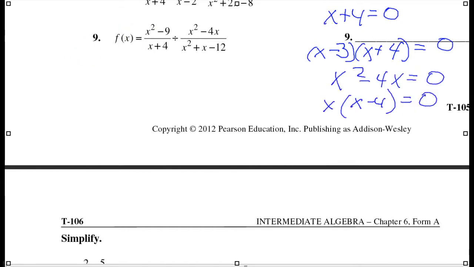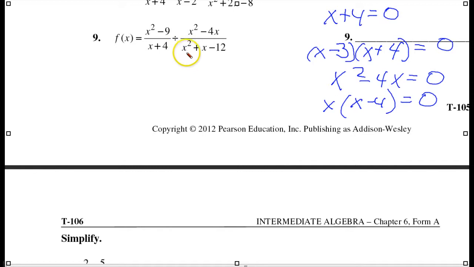Okay, number 9 is a little tricky. And you notice that these examples are a little tedious in that they take a long time to do because there's so much going on. Now here what they want you to do is division, but they also want you to find the restrictions of the domain.